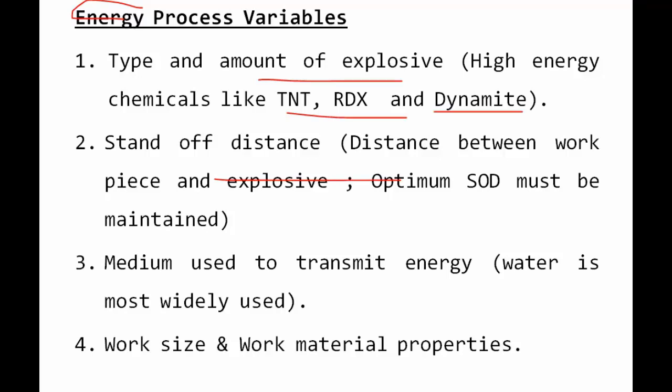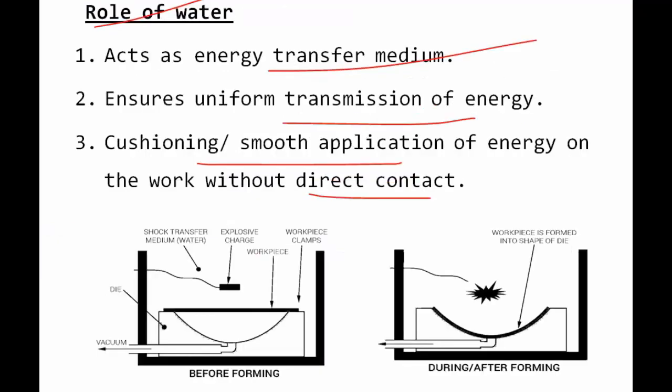The optimum stand-off distance must be maintained, which is very important. The medium used to transmit is generally water. Then work size and work material properties. These are the variables of the process.